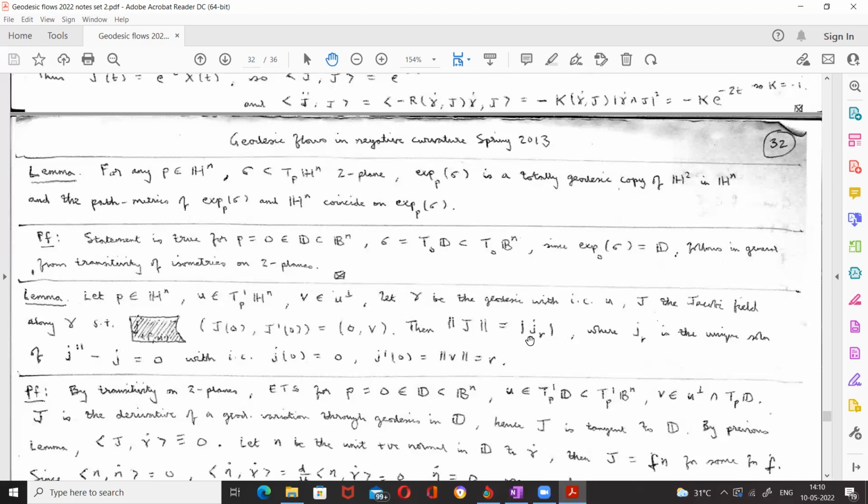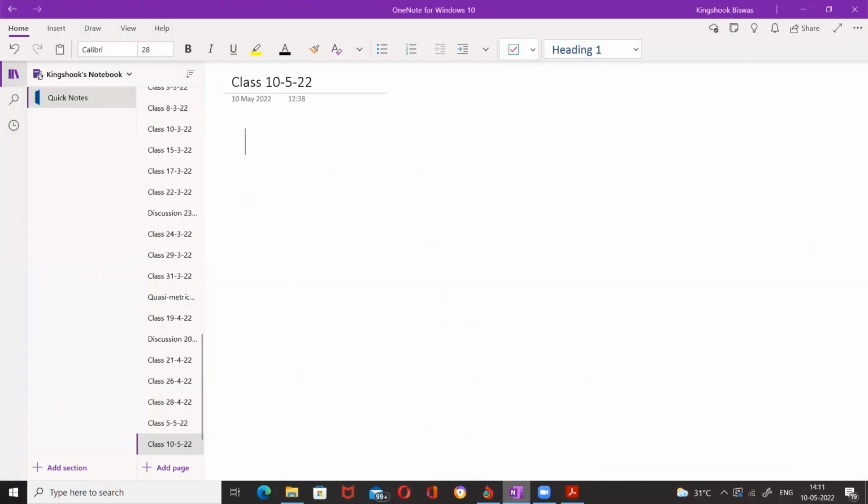It is equal to |j(r)|, where j(r) is the unique solution of the differential equation j'' - j = 0 with initial conditions j(0) equal to 0 and j'(0) equal to the norm of V, which is equal to R. Okay. So maybe I'll draw you a picture for this and we'll see the proof is not difficult.